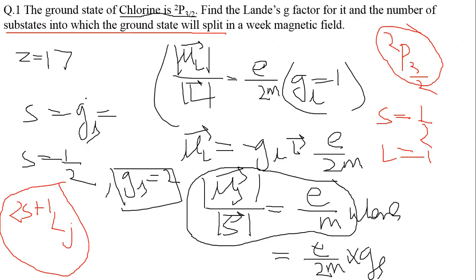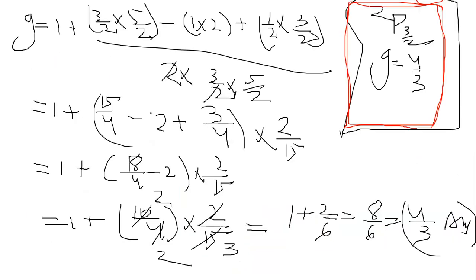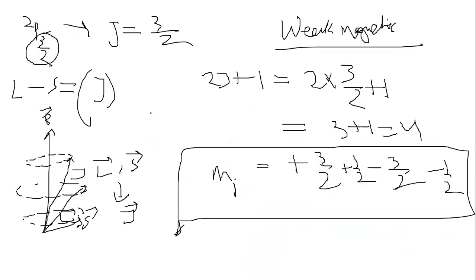Here it is given in a weak magnetic field, where the strength of the field is such that the coupling between orbital angular momentum and spin angular momentum to form the total angular momentum of the atom is not broken. So here we denote it by J and mj, because L and S no longer have meaning, since it is the total angular momentum we are considering.